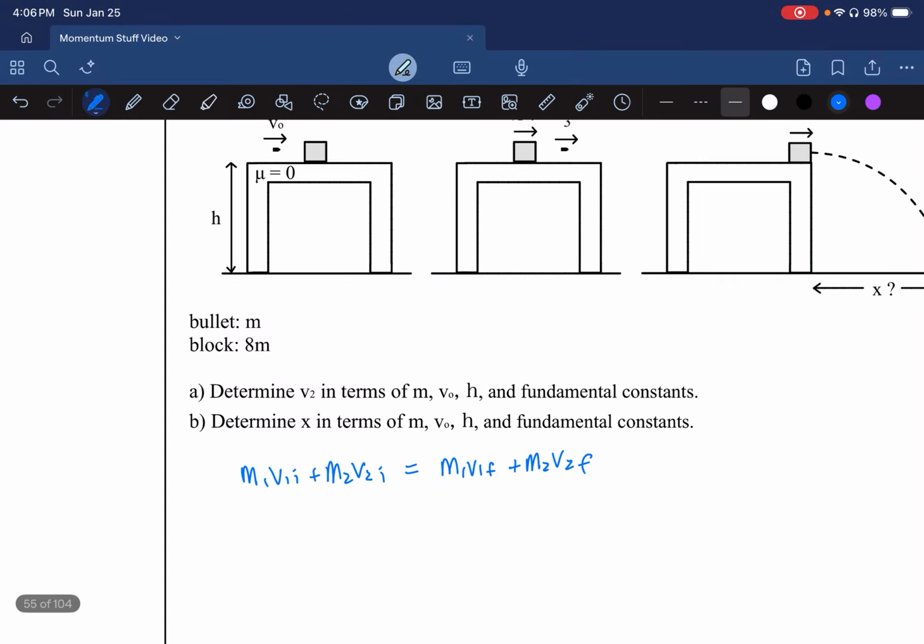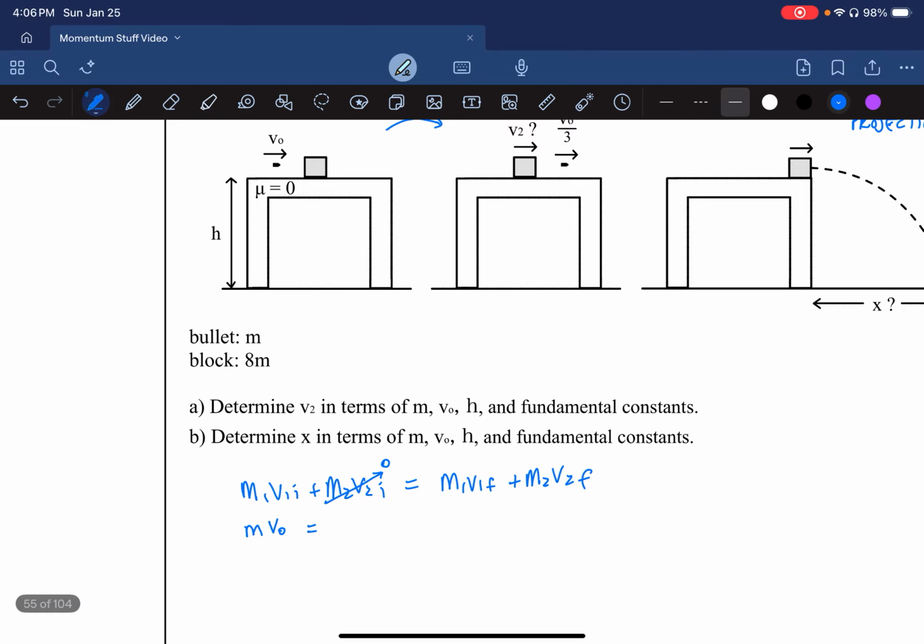So the bullet is mass 1, but it's just m. The initial velocity of the bullet is v naught. The block is not moving, so that term is zero, equals. Okay, mass 1 is just m, but it is now moving with velocity v naught over 3, plus the mass of the block, 8m, and we're going to figure out v2.